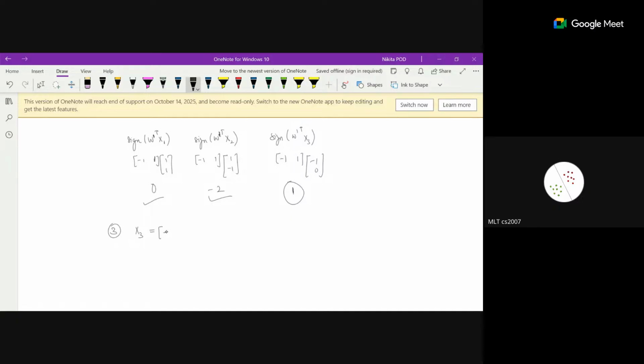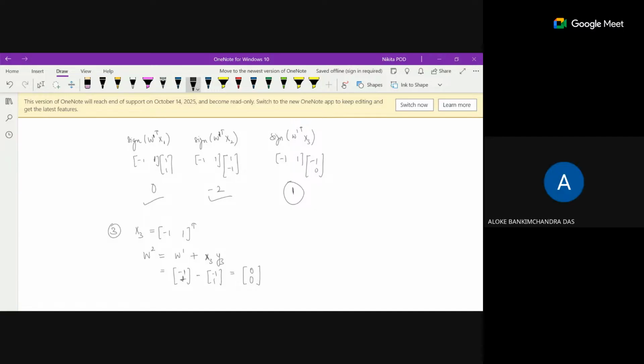So x3 is (-1, 0) transpose. W2 is W1 plus x3 y3. W1 we got to be (-1, 1), and x3 is (-1, 0) with y3 equal to -1, so we add (1, 0), which gives (0, 0).